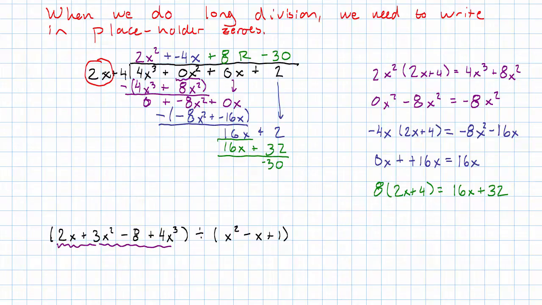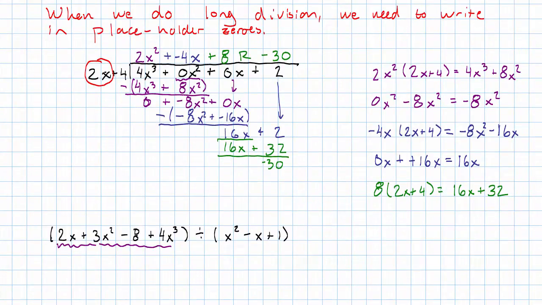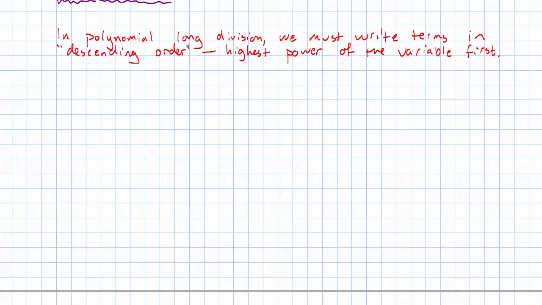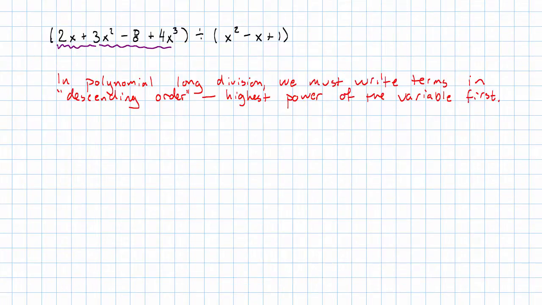When we set up polynomial long division, we can't have that. Why not? Because the procedure for polynomial long division relies on the terms being written in order to keep everything organized. We have to write our terms in what's called descending order, so that the highest power of the variable comes first.